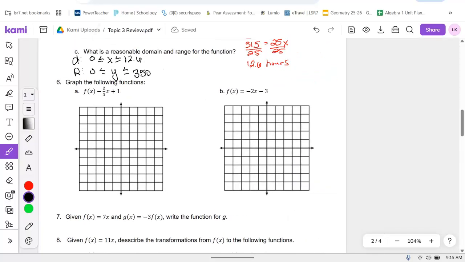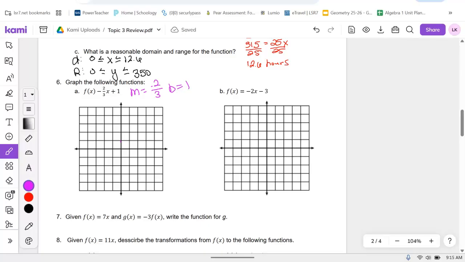All right, so graph the following function. My slope, f of x equals negative 2 over 3x plus 1. Remember, you're doing exactly what you would if it was y equals negative 2x plus 1. So my slope is negative 2 over 3, and my y-intercept, my starting point, is 1.